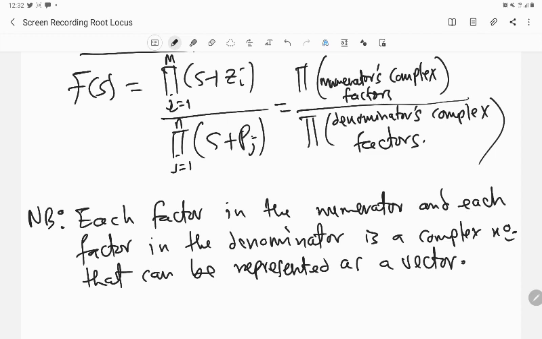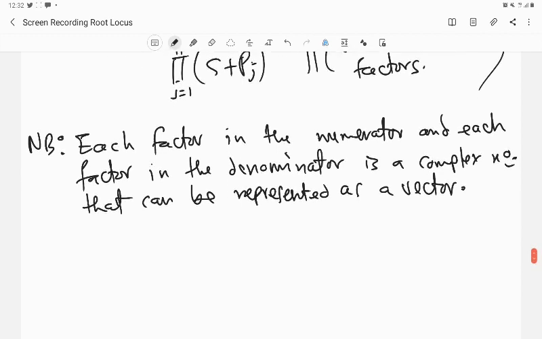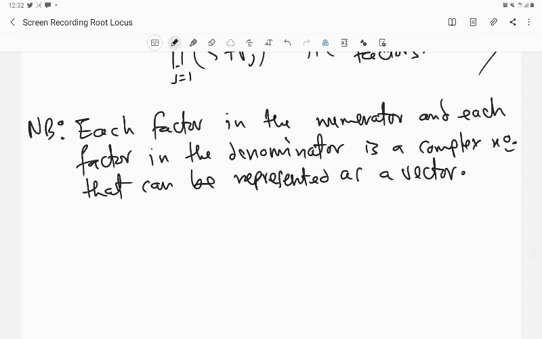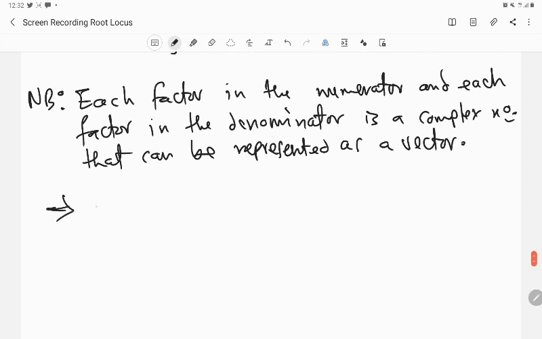So each factor is a complex number, and that complex number can be represented as a vector, and each vector has a magnitude and an angle.